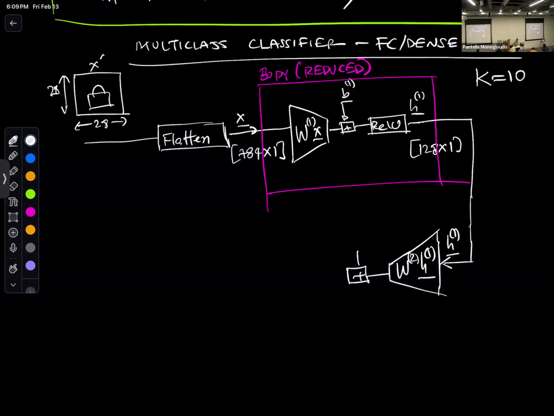There will be some kind of bias, B2, right? And I have now Z2. This thing should be capital K by 1, which means that the bias vector should be capital K by 1, to add 2 vectors together. I hope I'm not confusing you. And therefore, the Z2 is going to be K by 1.